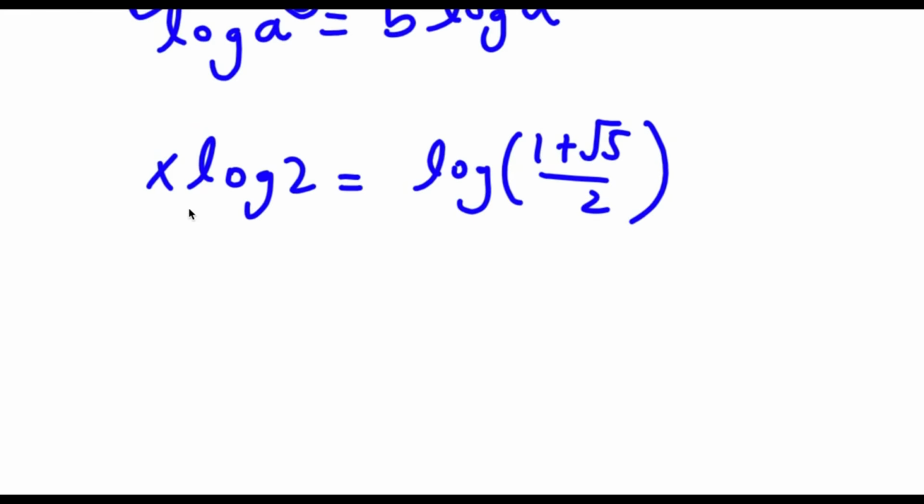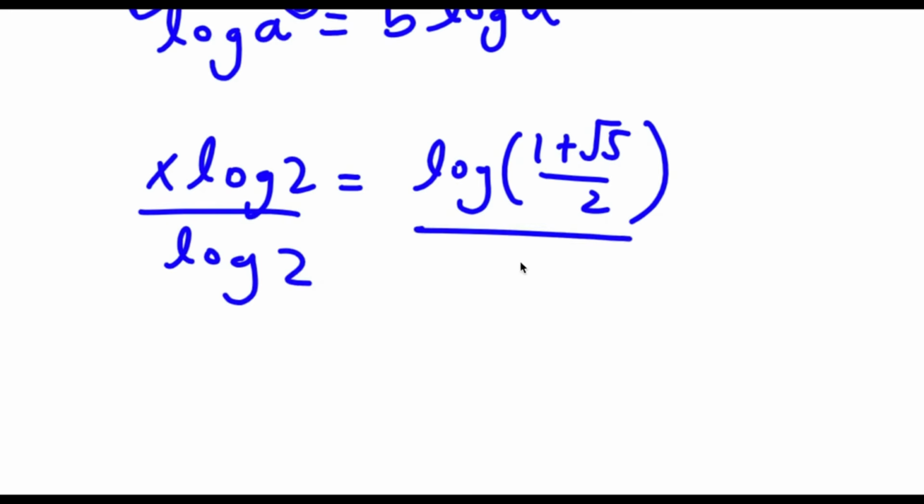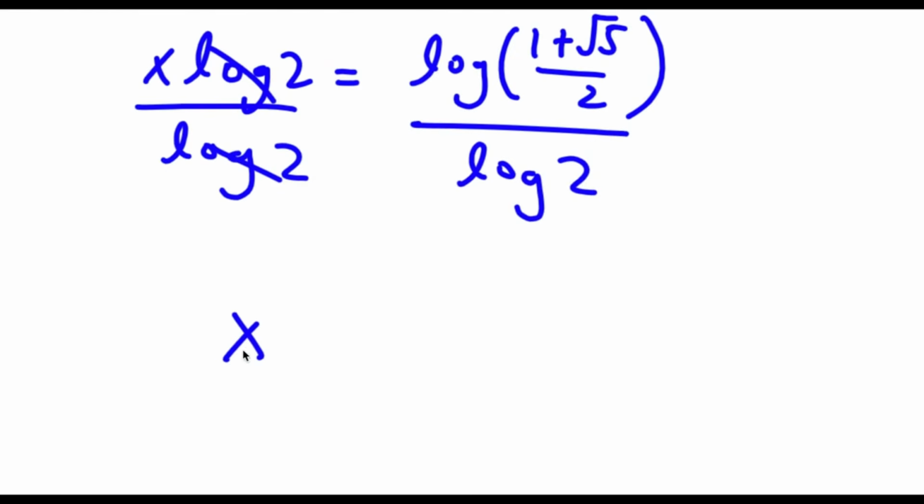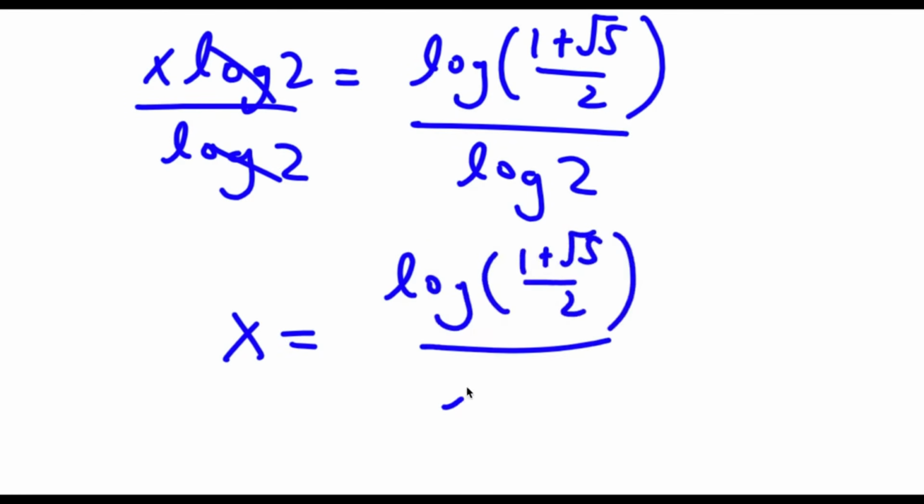Now, if I divide both sides by log 2, these two cancel out, and I'm left with x is equal to log of (1 plus the square root of 5) over 2, over log 2.